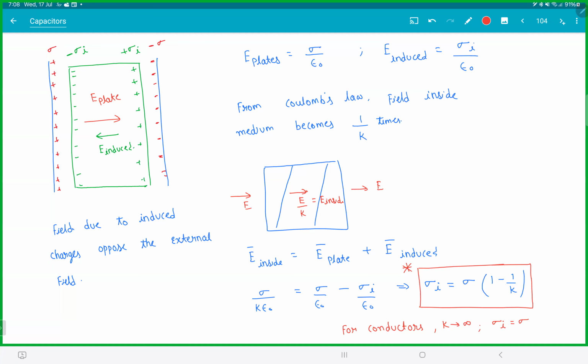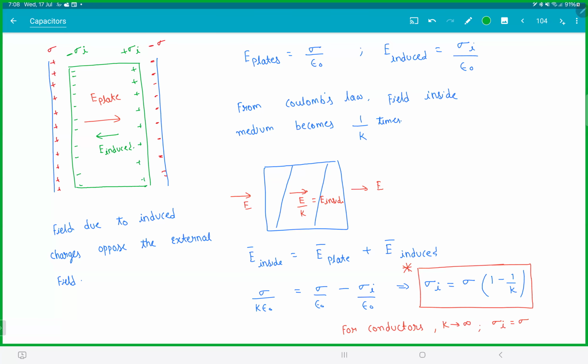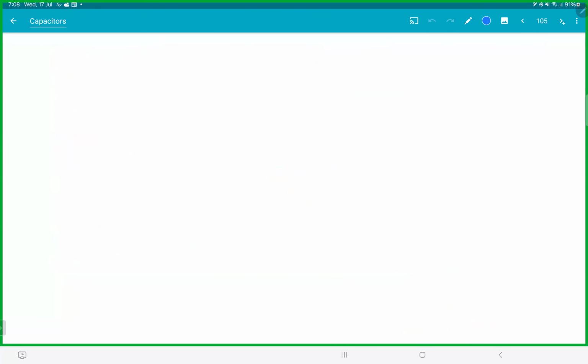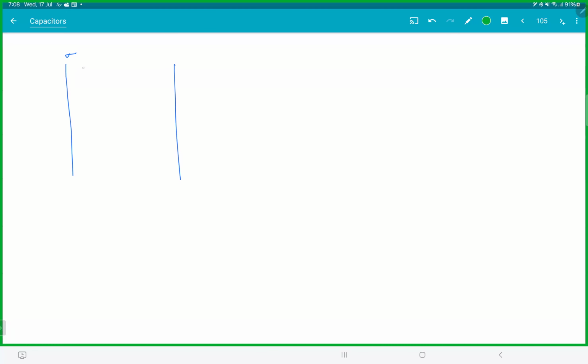So just let me write that down again. If this was sigma, if you put a conducting plate, you will get minus sigma induced, plus sigma induced.